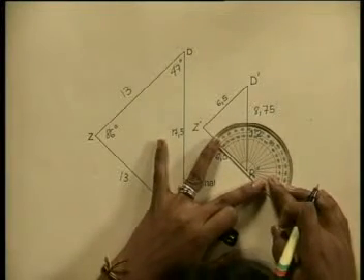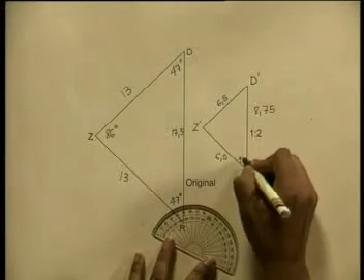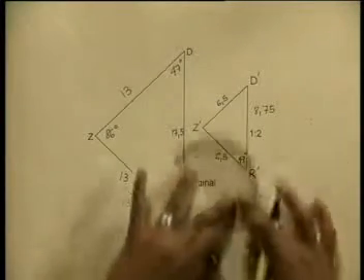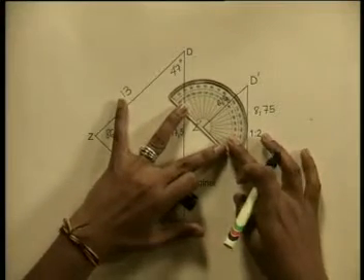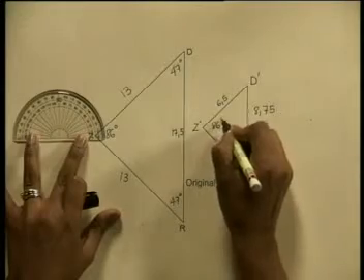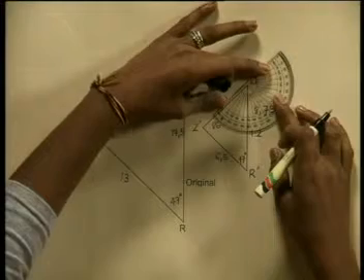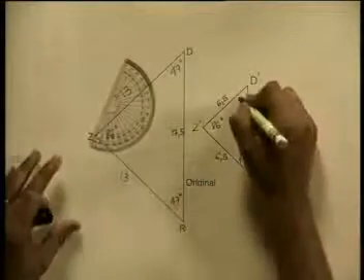At angle R prime, we also get 47 degrees. Angle Z prime is equal to 86 degrees. And at angle D prime, we get 47 degrees.